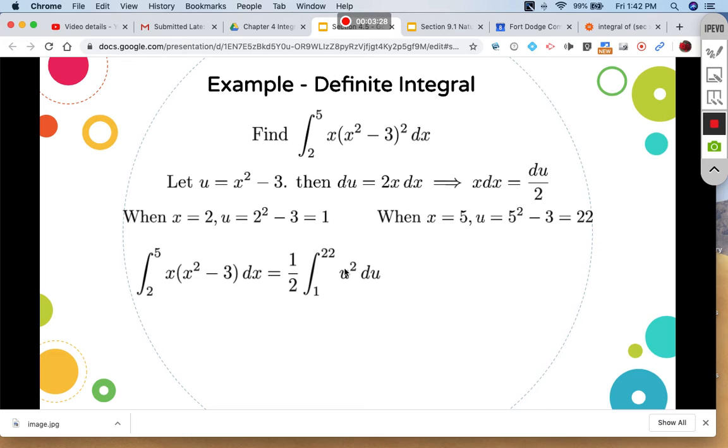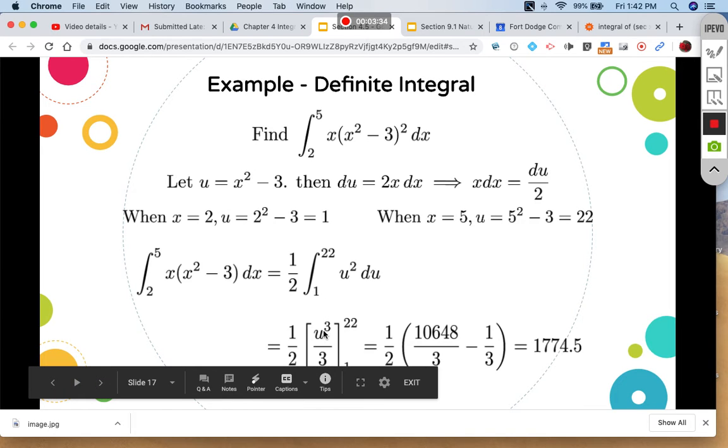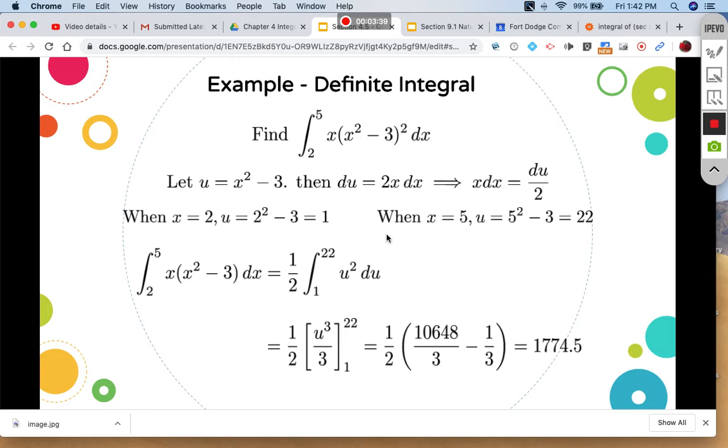I took the 1/2 out, and I'm just looking at u squared du. And that's simply u cubed over 3, and I can just evaluate that from those limits of 1 to 22 instead of having to switch it back to x squared minus 3 and plug in 2 and 5. That's a nice little shortcut. If you really want to, you can go through the other way, but this saves you quite a bit of time.